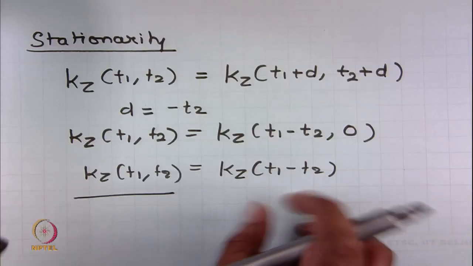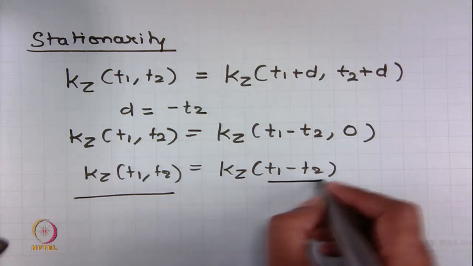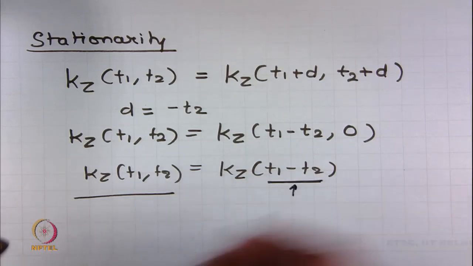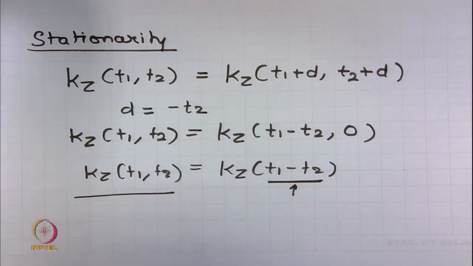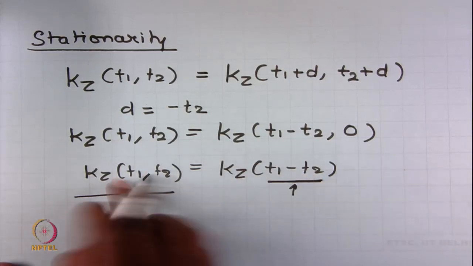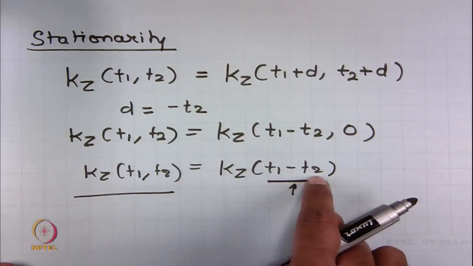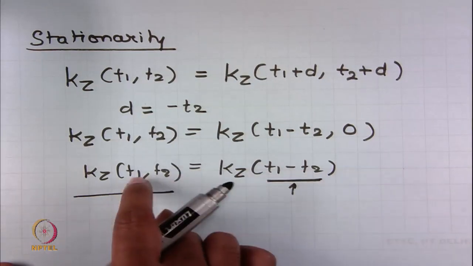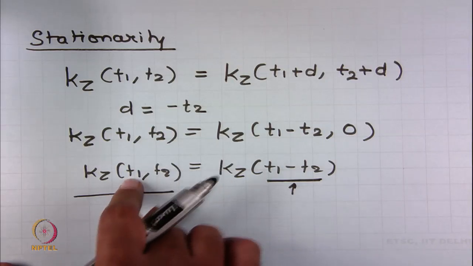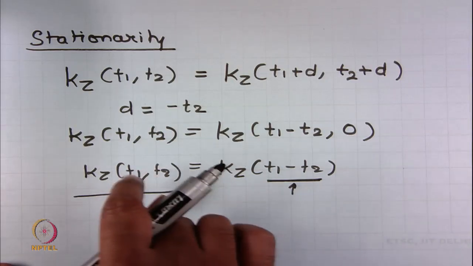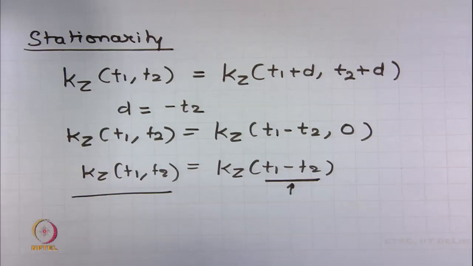Furthermore, what it would imply is that the argument here, t1 minus t2, is nothing but the difference of the 2 arguments in the case of the covariance function with 2 arguments.